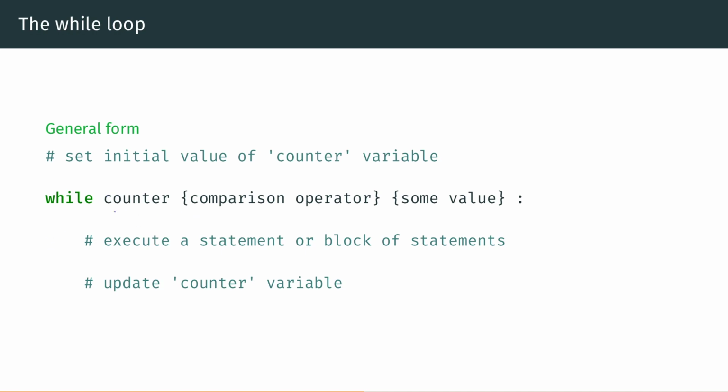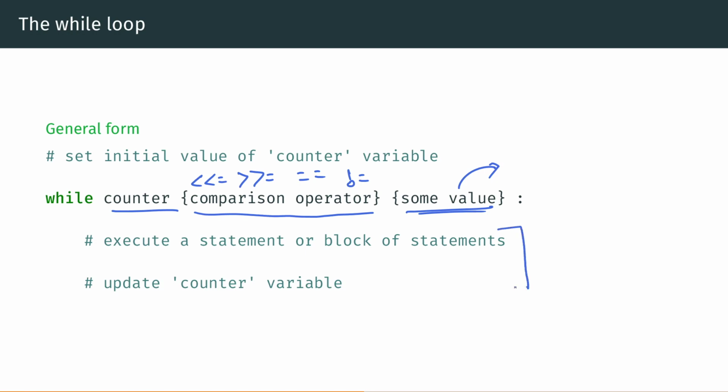So we have this counter, a comparison operator, which could be less than or equal to, greater than or equal to, or equal to, two equal signs, or even not equal to. And then you have some value. The value would dictate how many times the block of statements would be executed.